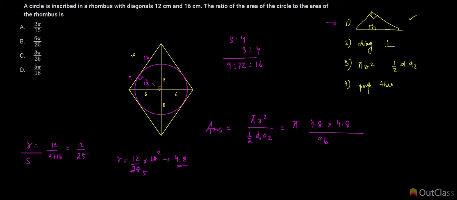So 4.8 by 96 is 1 by 20. This will give you 4.8 pi by 20. You multiply the numerator and the denominator by 5 by 4, I think. 5 by 4 will make it 6 pi by 25, which is now in the form of one of the options. Option B is your answer.